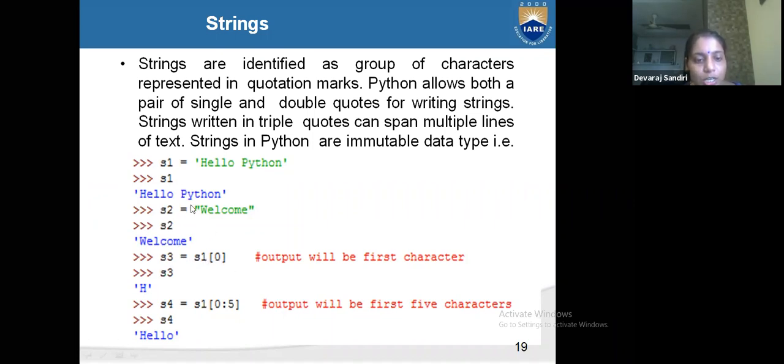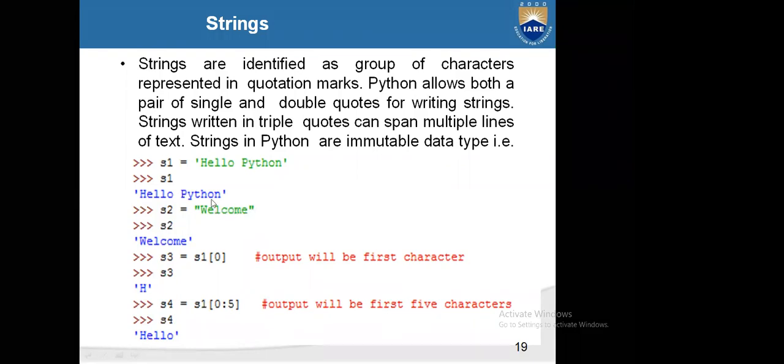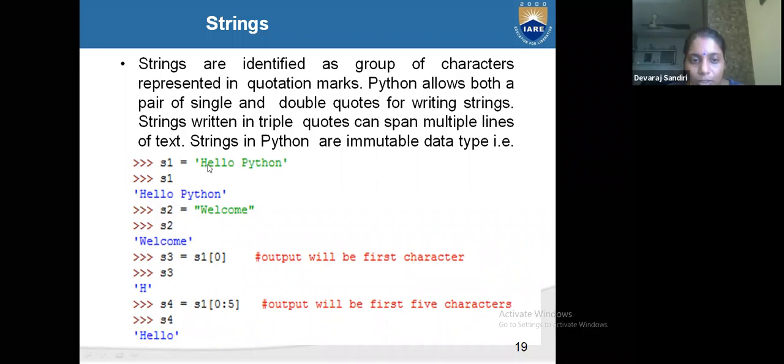S1 of 0 means in our string we start from index 0, in increasing order. I will tell you what an index is. Index means we count the number. Generally we count welcome as 1 2 3 4 5 6 7. But in Python it is stored from index 0.